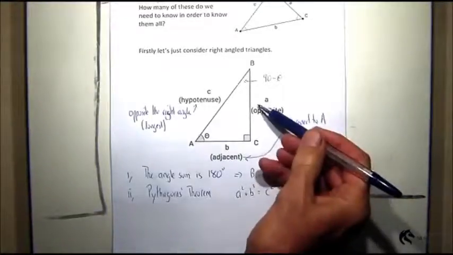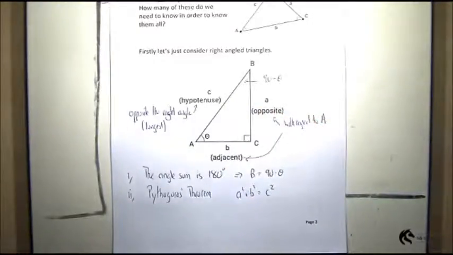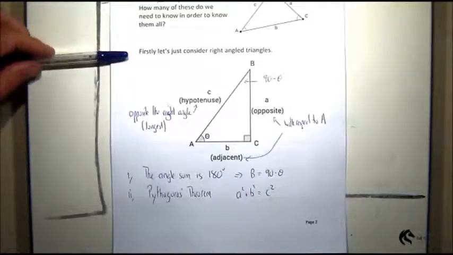That side squared plus that side squared is equal to the hypotenuse squared. And that is true for every right-angled triangle. Okay. We've now got enough terminology that we can start investigating this problem here.